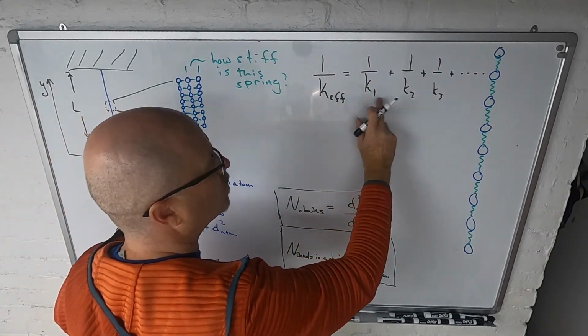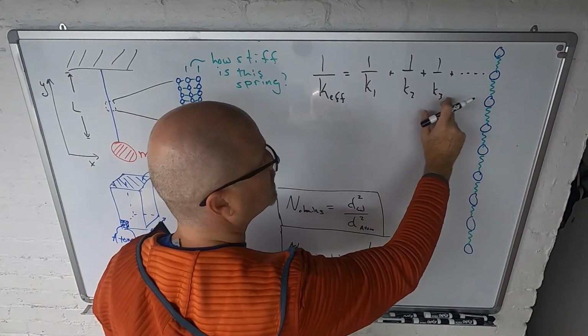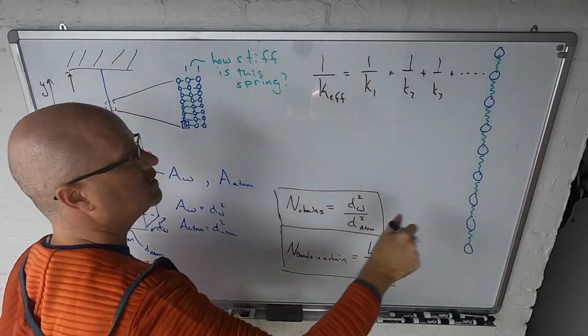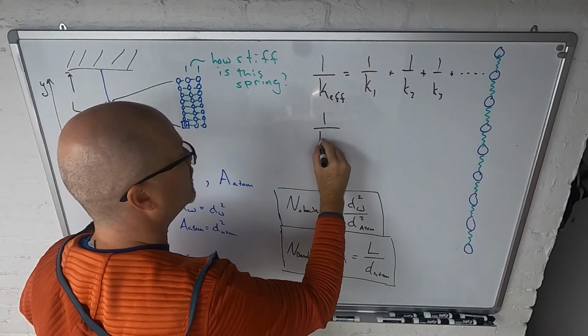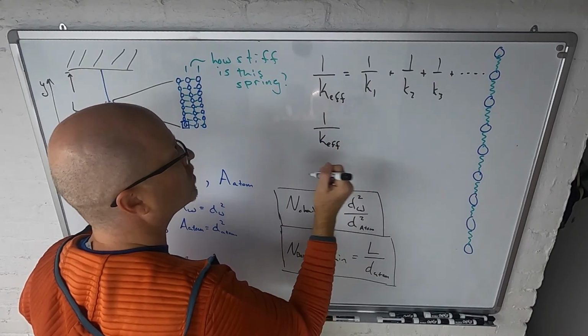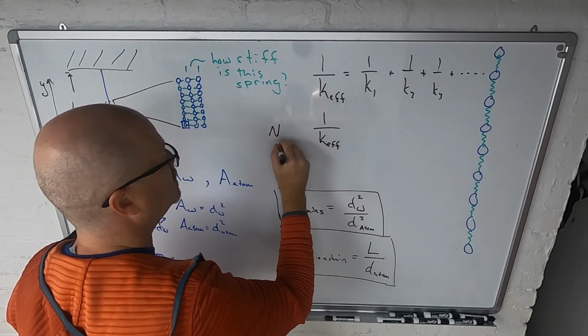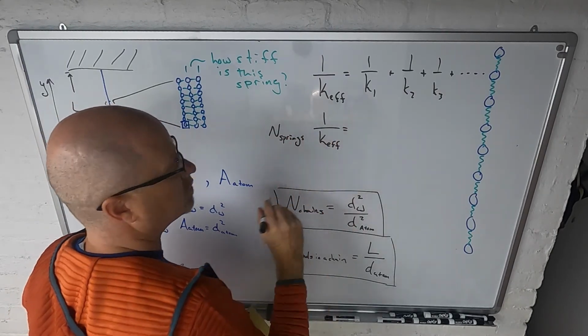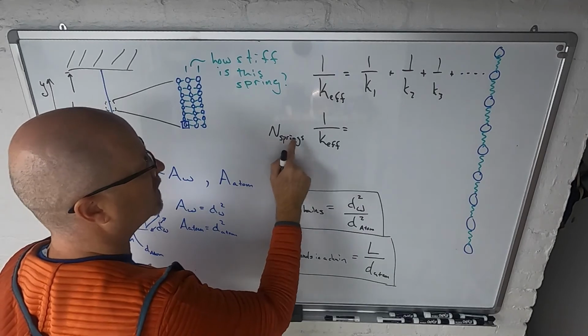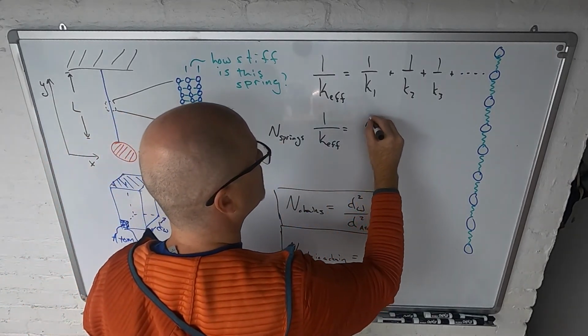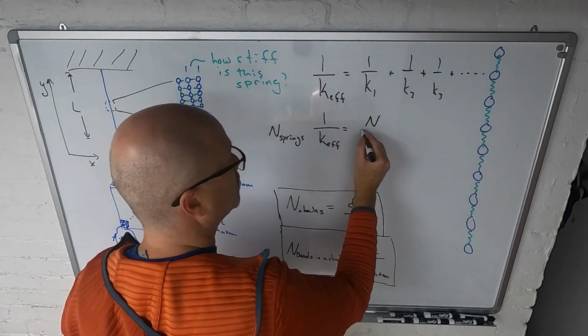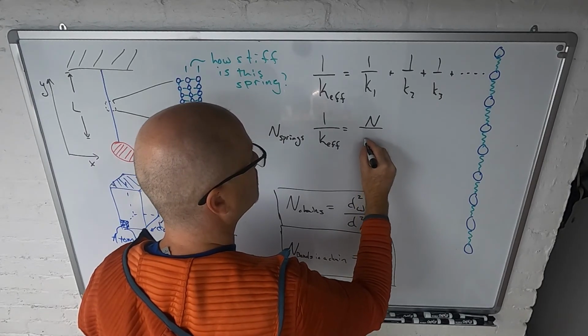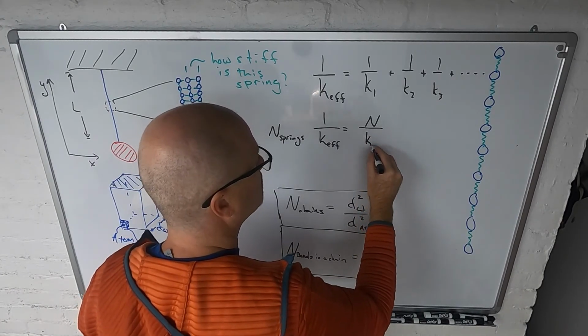And remember, if K1 is equal to K2, is equal to K3, is equal to Kn, then 1 over K effective for n springs is n, the number of springs or bonds, divided by K for each bond.